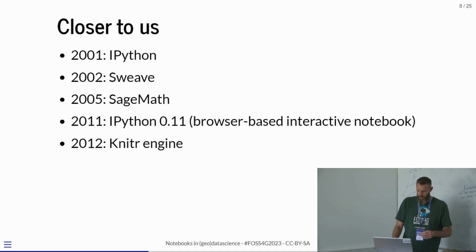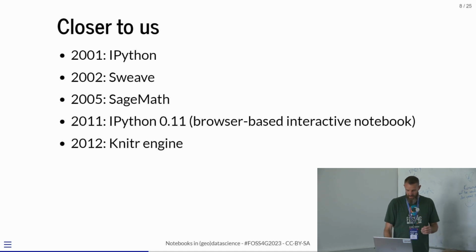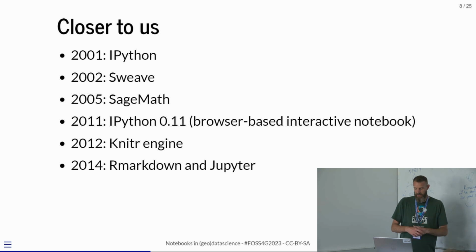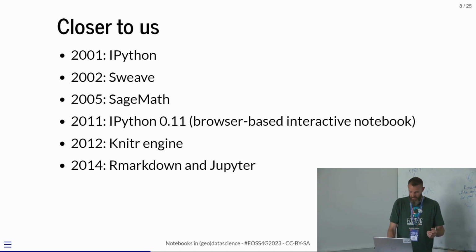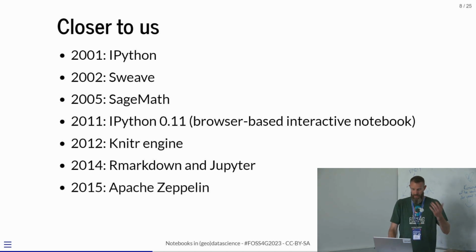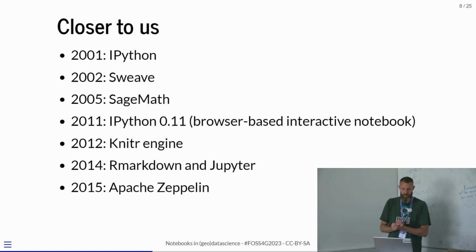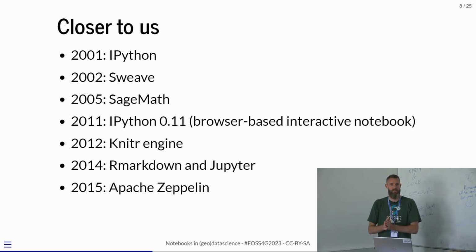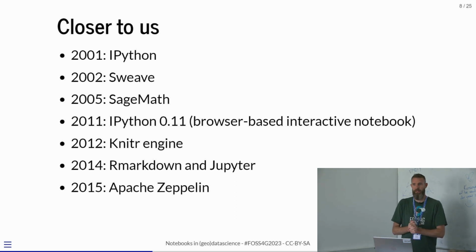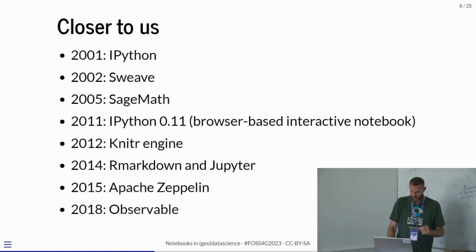So it's an all-in-one engine. In 2014, the Jupyter notebook was released. I will speak more about that later. In 2015, for the people who like Java, there was actually a notebook written in Java, Apache Zeppelin. I never used it, so I won't make any comments on that.